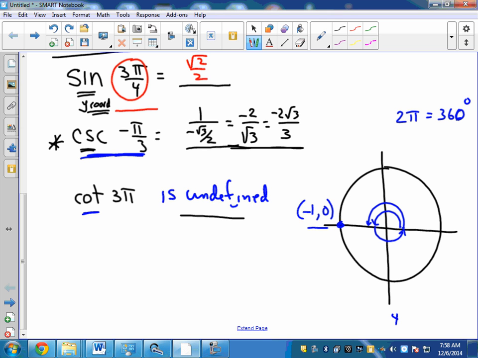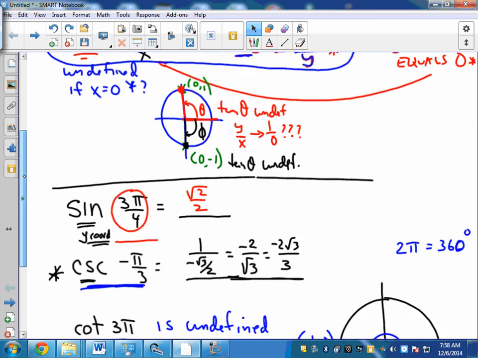Technically, it's incorrect to write equals. I mean, equals is used for numbers, so this doesn't even make any sense. I would much rather you just scratch the equal sign and write the cotangent of 3 pi is undefined. Okay, so there are some unit circle questions.